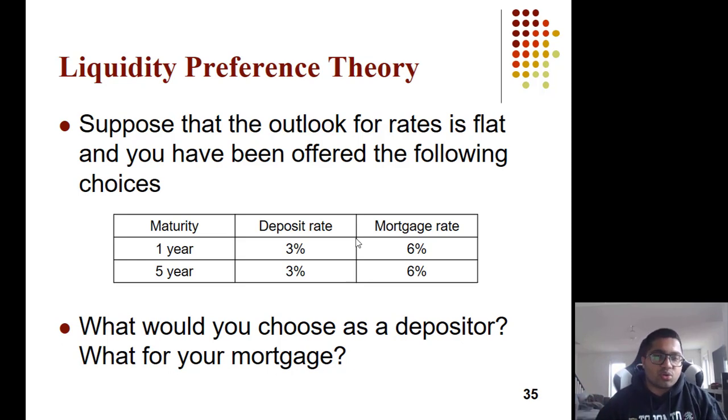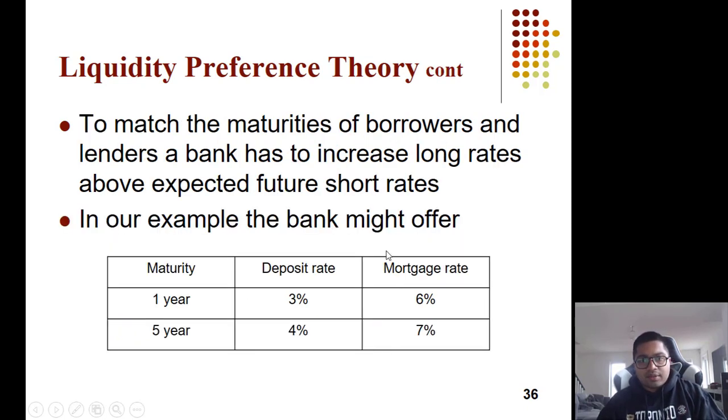This results in an asset liability mismatch. That's why banks have to charge a higher interest rate if the duration is longer, both paying more for deposits and charging more for mortgages. To match the maturities of borrowers and lenders, a bank has to increase long-term interest rates as above, so 3% and 4%, 6% and 7%. Otherwise, they will have an asset liability mismatch.